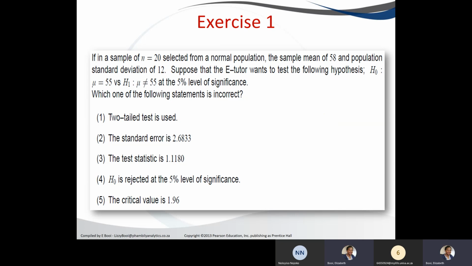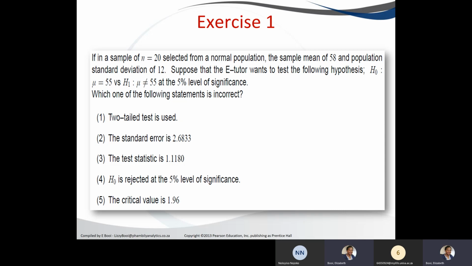We're given a statement: a sample of size n equals 20 is selected from a population, with a sample mean of 58 and a population standard deviation of 12.